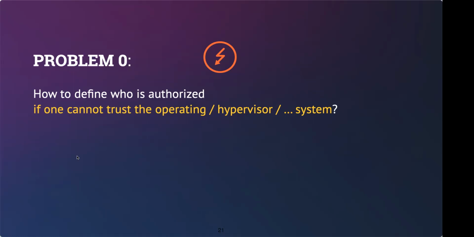So something to keep in mind is that authorization is not as simple as we typically think of it, because we typically have users in the operating system, and the user has certain roles, and with role-based access control, we define who has access to certain data items.